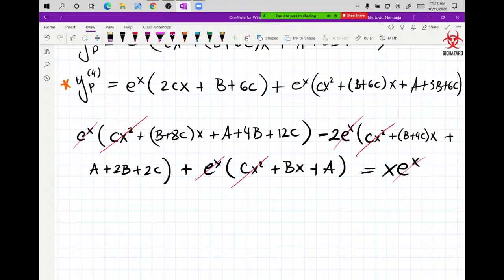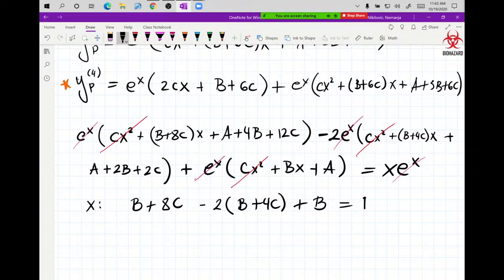So we don't have to worry about those. Let's worry about x terms. So for my x terms, I have b plus 8c from the first parenthesis minus 2 times b plus 4c from the second parenthesis, and then plus b from the third parenthesis, and all of that stuff is going to be equal to 1.